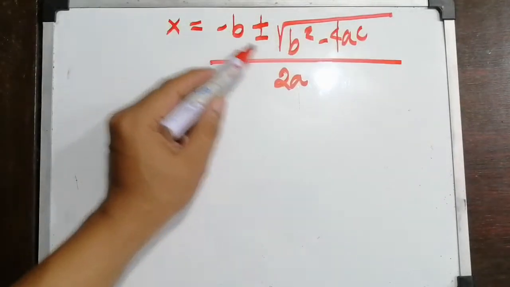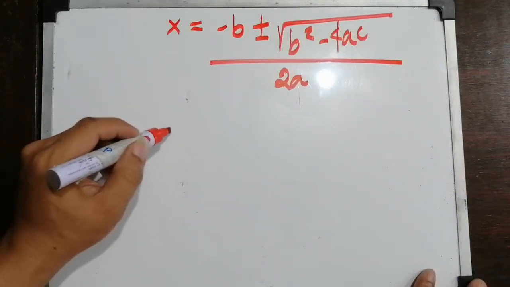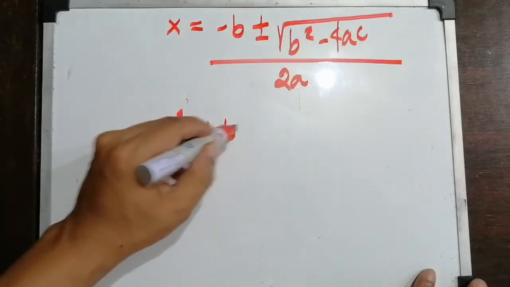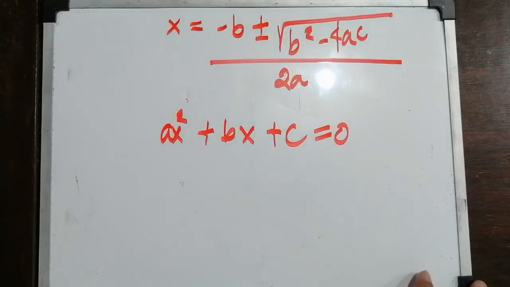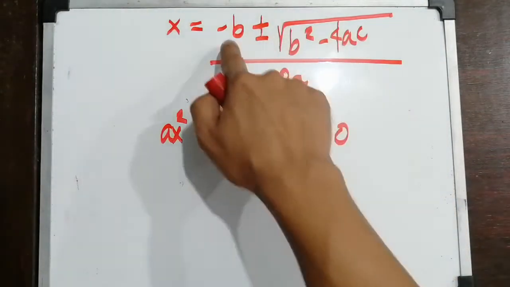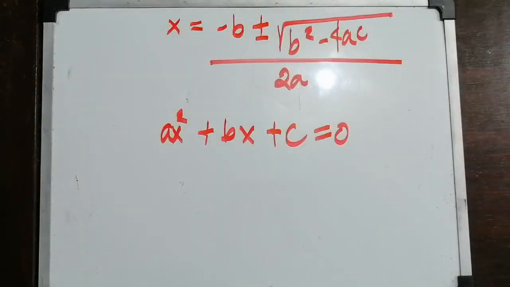So ano yung mga a, b, c na yan? Yan ay galing doon sa ating standard form na ax square plus bx plus c equals 0. Okay? Doon yan ang galing. So si a, b, c. Okay? So kailangan natin i-memorize yung formula na yan. Dapat alam natin yung formula.